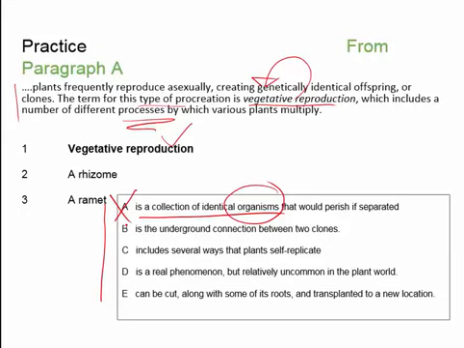B, vegetative reproduction is the underground connection between two clones. Is it a connection between clones? No. Okay. C, vegetative reproduction includes several ways that plants self-replicate. Aha! That looks like a tempting answer. We have processes, types.